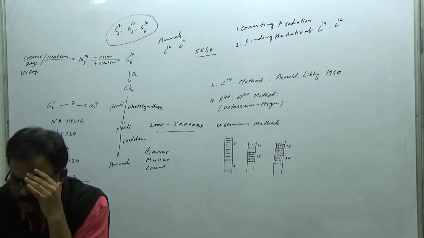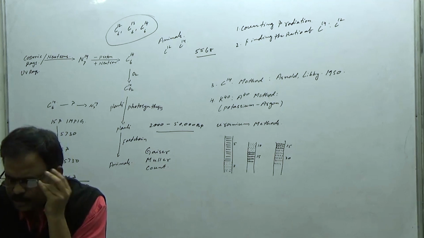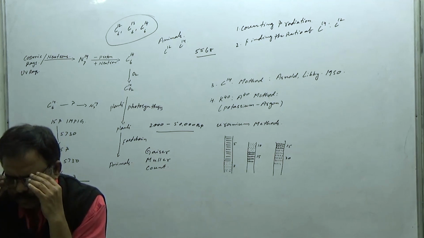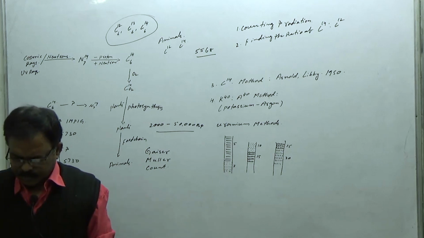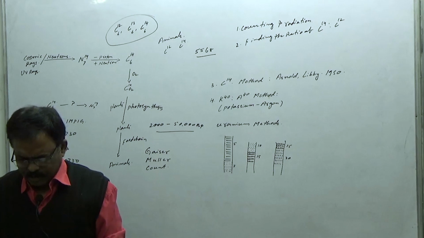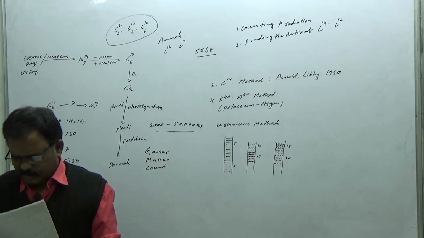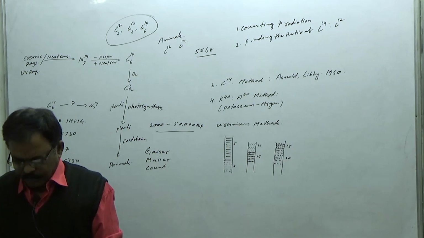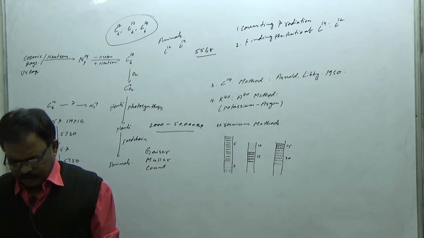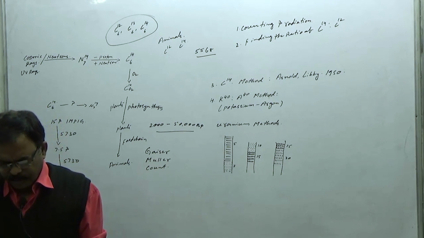First, counting of beta radiation. Cosmic rays release neutrons.